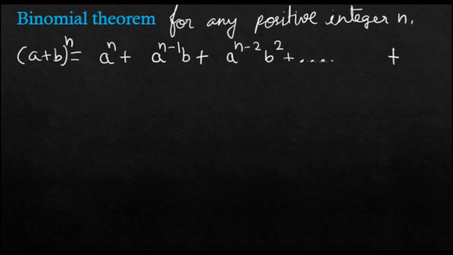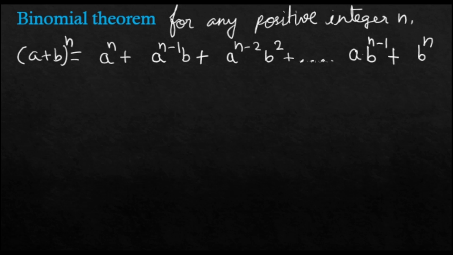The last term is b index n, and the previous term from b n will be b n minus 1 and a, because from here a will start increasing, and there is no a at this point.